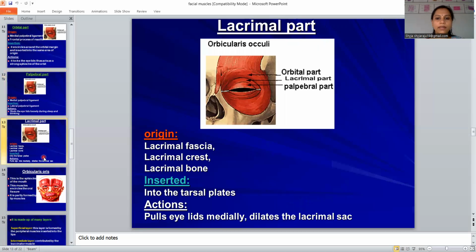Next is the lacrimal part. It originates from the lacrimal fascia and lacrimal crest of the lacrimal bone, and is inserted into the tarsal plates. Action: pulls the eyelid medially and dilates the lacrimal sac.